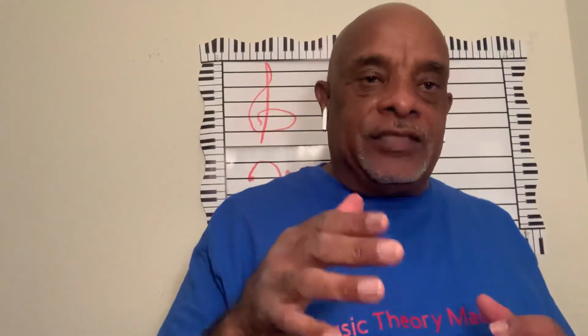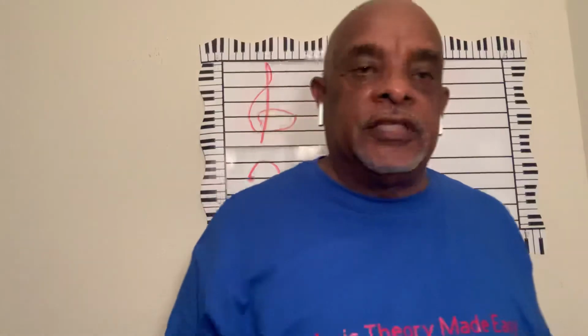That's the lines of the treble or G clef. Now, the spaces of the treble or G clef are F, A, C, E, and that spells nothing but face. So that's the lines and spaces of the treble or G clef.